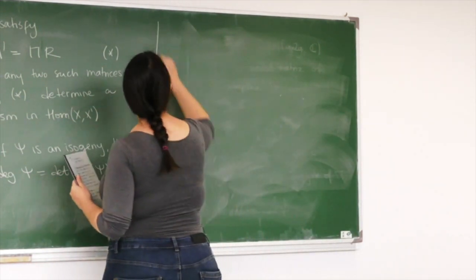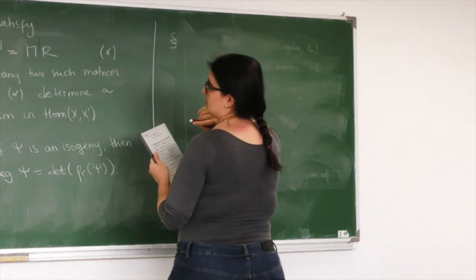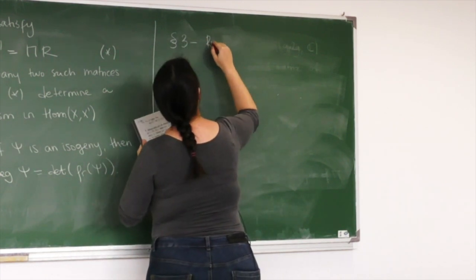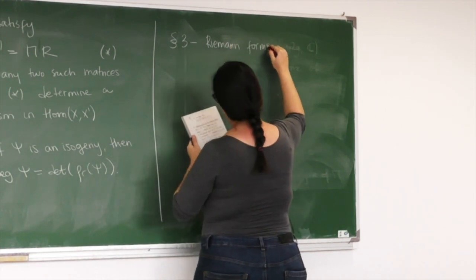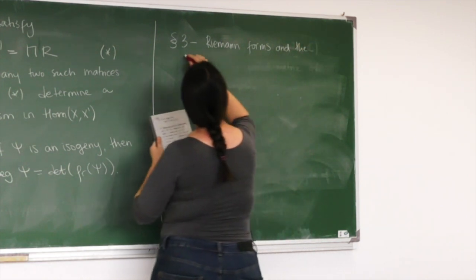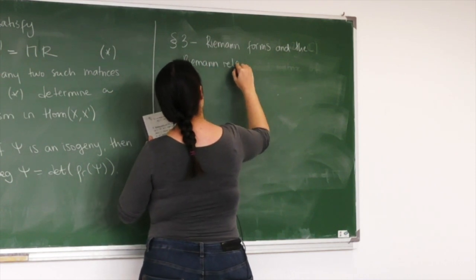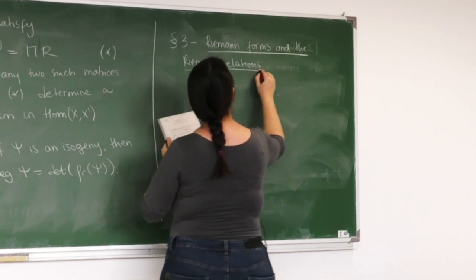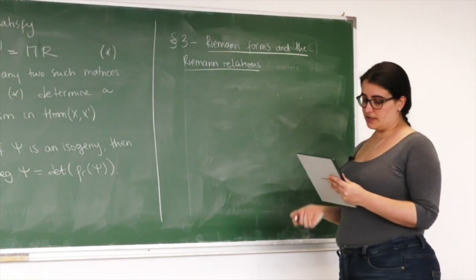And for that we need to introduce a new object. This is section 3, I think. Okay, so we will introduce the object of Riemann forms.